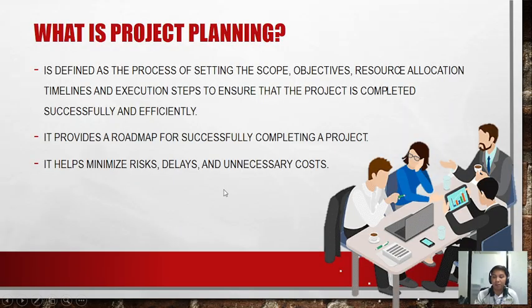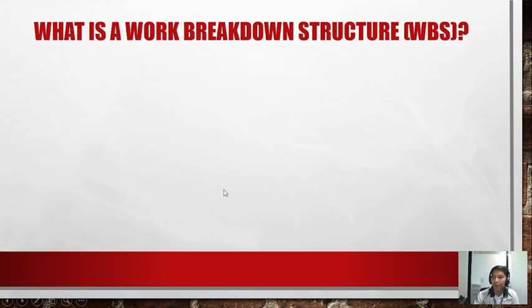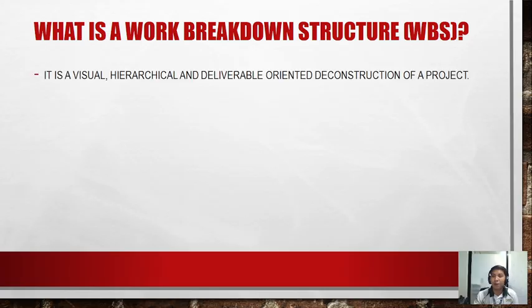Now let's go to the work breakdown structure, or WBS. What is a work breakdown structure? It is a visual and organized way of dividing a project into smaller and manageable tasks or deliverables.